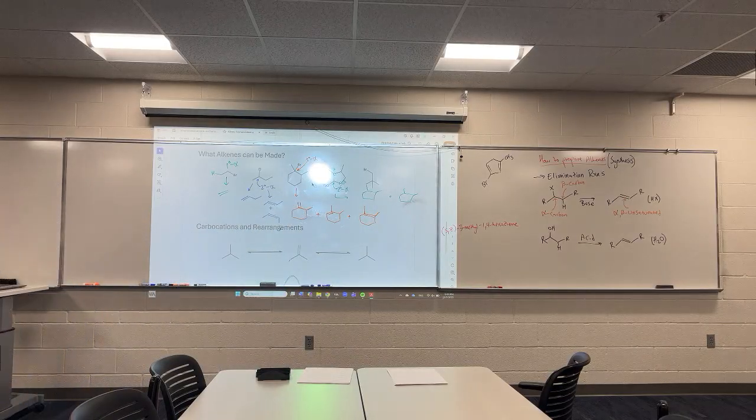Can you predict it? Take a hydrogen from those beta positions and just draw an alkene. And then name it. Of course, what fun would it be if you didn't name it?